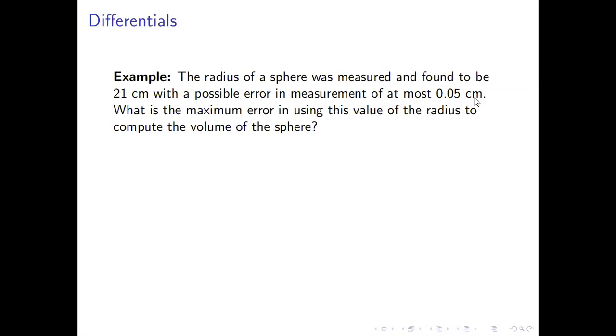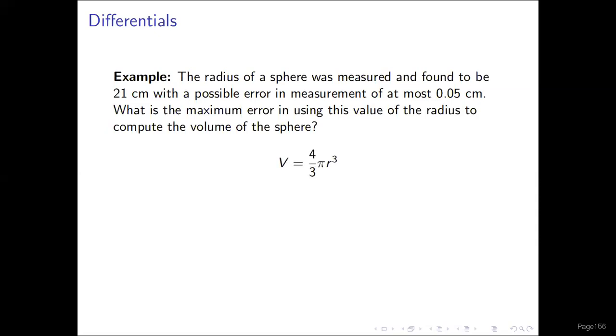Very small room for error. But what's the error in the volume if we're going to measure the volume by using the formula for volume and not actually measuring the volume itself by, let's say, immersing the sphere or putting water into the sphere and then measuring that amount.